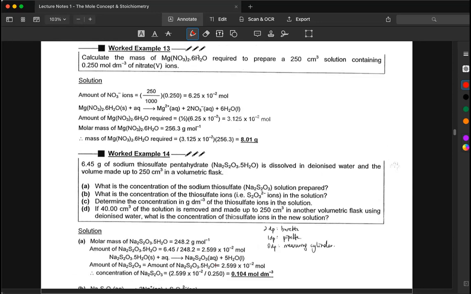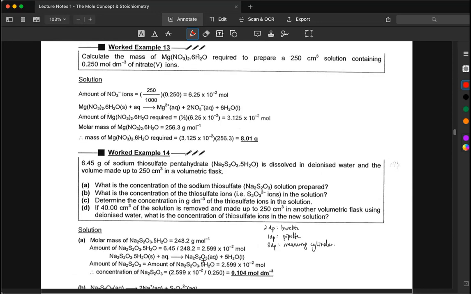And then the amount of sodium thiosulfate pentahydrate equals the number of moles of sodium thiosulfate. Mole ratio is the same. After which you take the number of moles divided by the volume to get the concentration of the sodium thiosulfate.